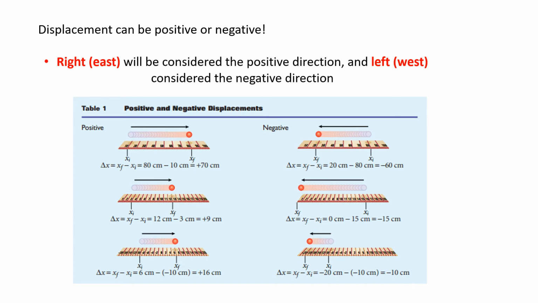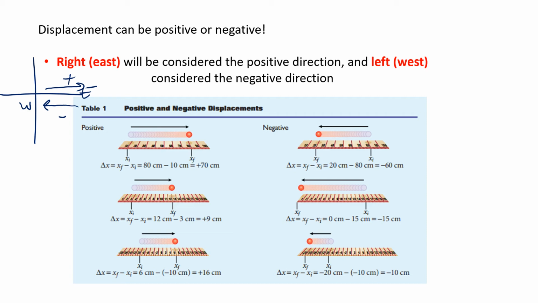Displacement can also be positive or negative. To make it easier, if you're going east, towards the right, that is positive. If you're going in the direction towards the west, that's considered negative in terms of displacement. Here are a few examples to keep in mind, that you're starting off with your final minus your initial.